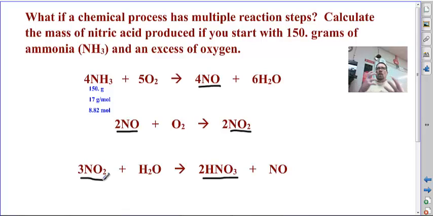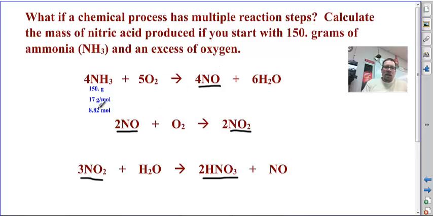I can't work between reactions unless I have some intermediate that is a product in the first reaction that becomes a reactant in the next step. So the key is this intermediate.